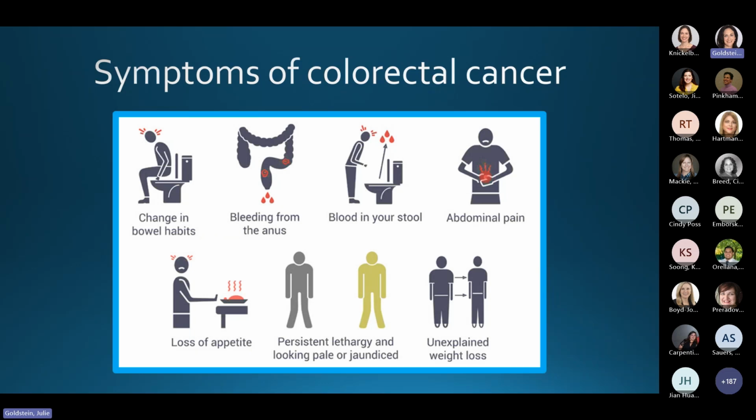As far as I know, there's no genetic testing for irritable bowel syndrome. Genetic testing for inherited colon cancer syndromes would be looking at the genes that we know are associated with those syndromes. So for example, looking at the genes that we know are associated with Lynch syndrome or FAP.